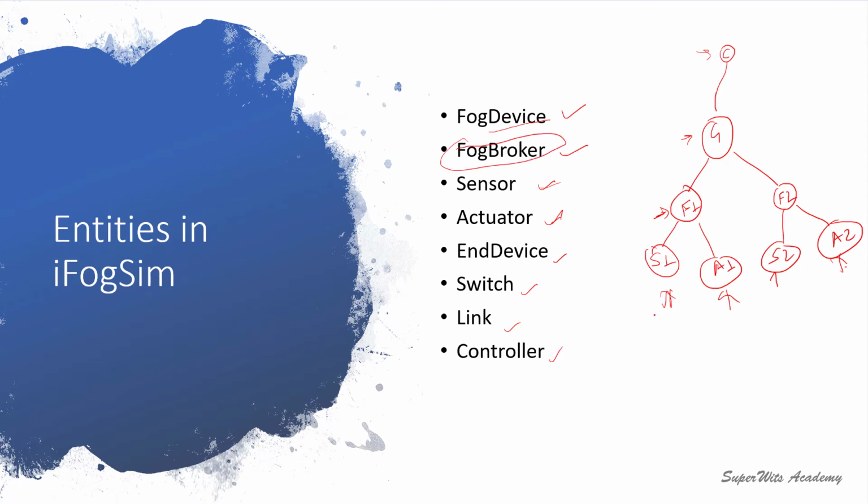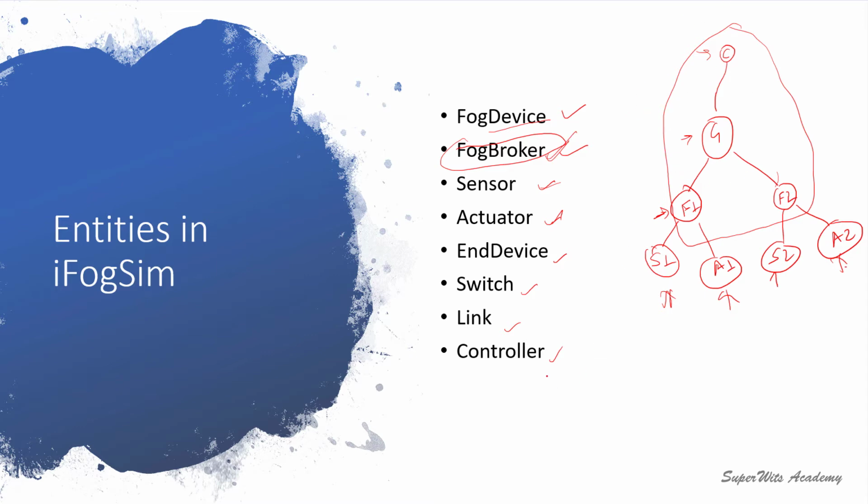Now whenever a particular task arises, because the sensor is sensing some particular information from the environment, it is going to send it back to the fog for the processing part. Now who is going to decide where this application is going to be hosted over these fog devices, or over this set of nodes in a distributed manner? So the fog broker is responsible for scheduling and placement related work, right?